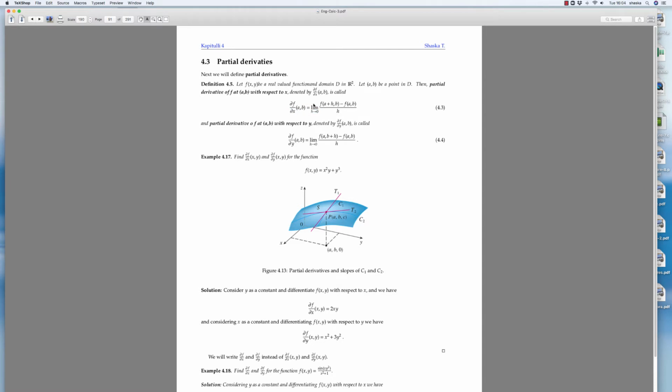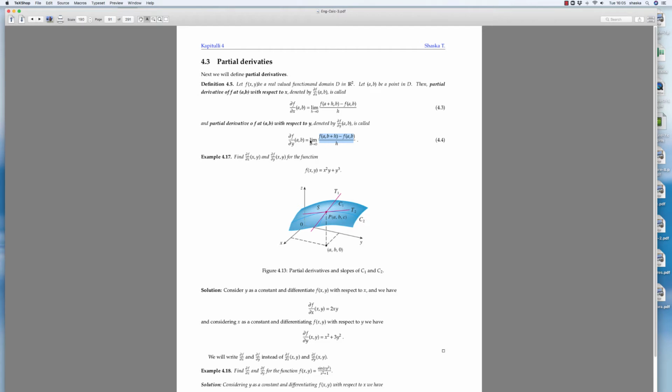It is this limit of f of a plus h, b, minus f of a, b over h, where h is this increment that goes to 0. The partial of f with respect to y is given similarly, but now the increment happens in the y-coordinate, so we have f of a comma b plus h minus f of a, b over h, as h goes to 0. So the limit of this.